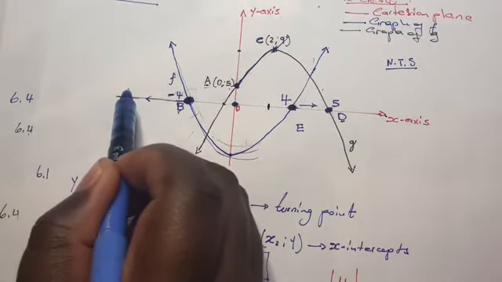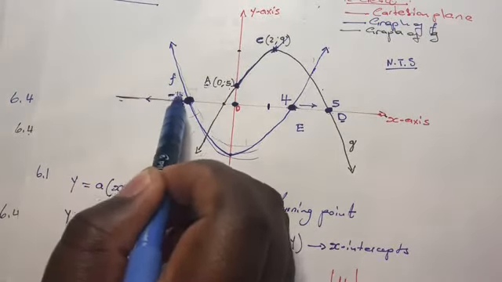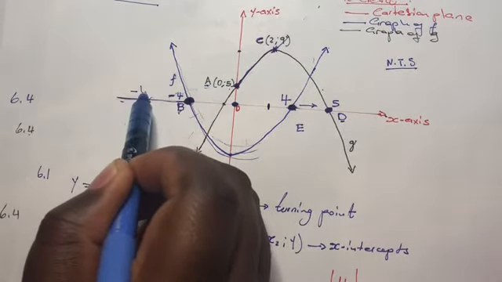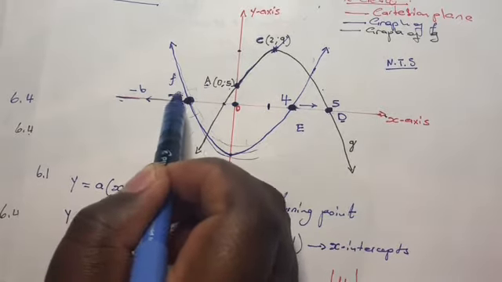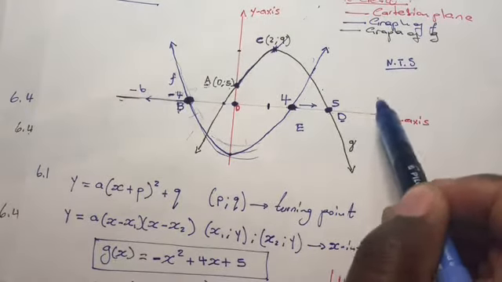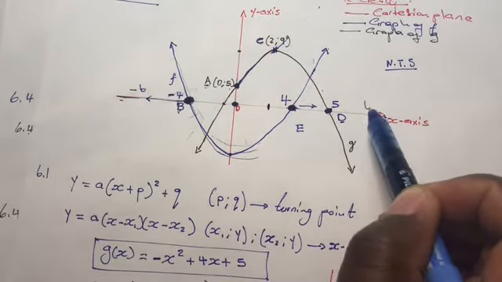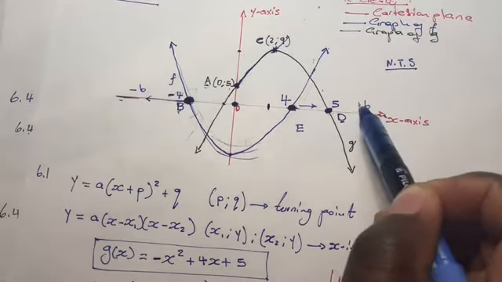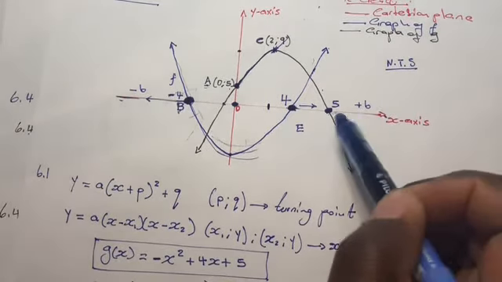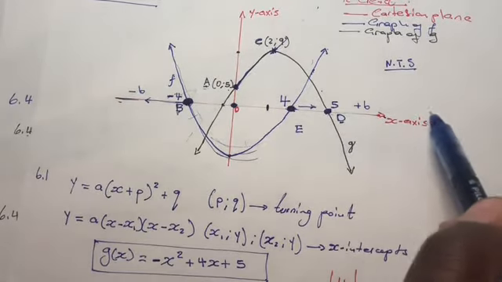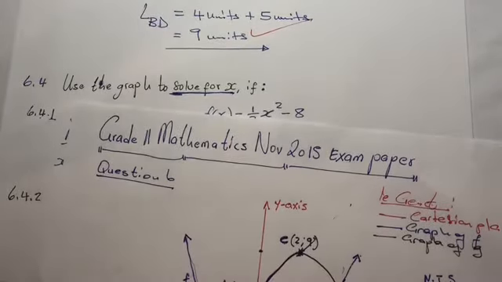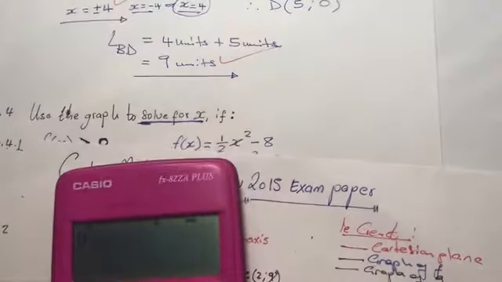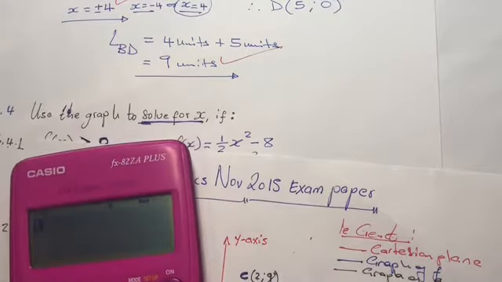After -4 we can use maybe -6. It's just any number which is less than -4, and on this side we can choose 6. It could be 10, it could be 9, it could be 1000. So let's first start with -6 and see what answer we get.